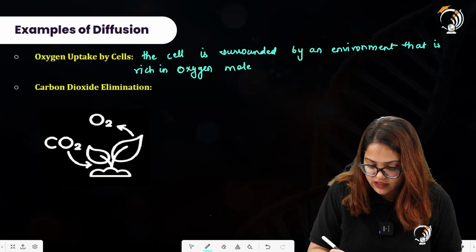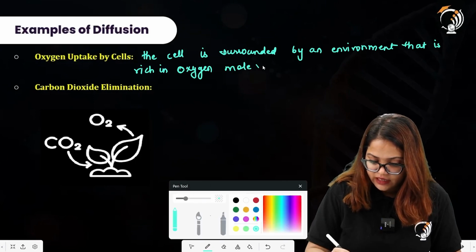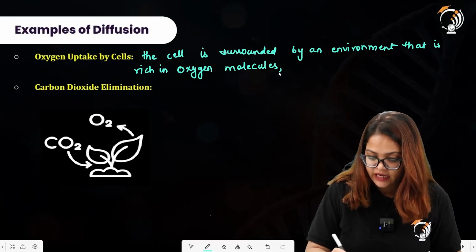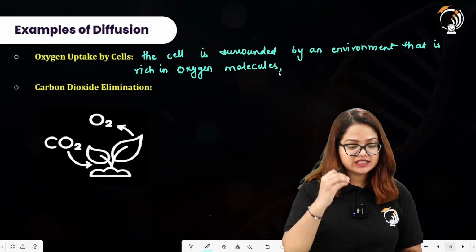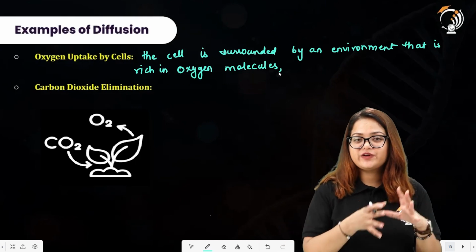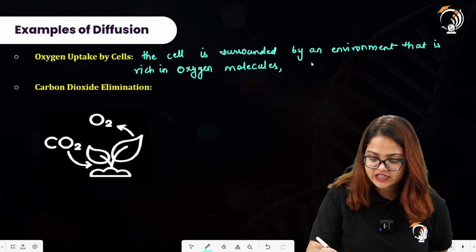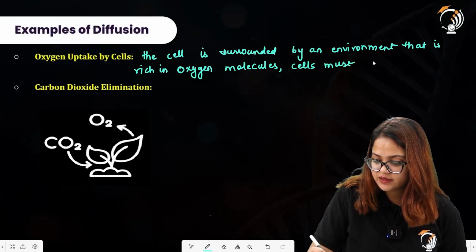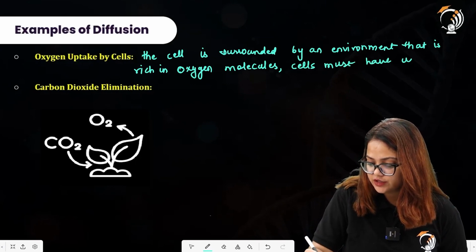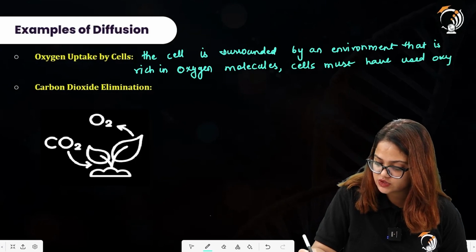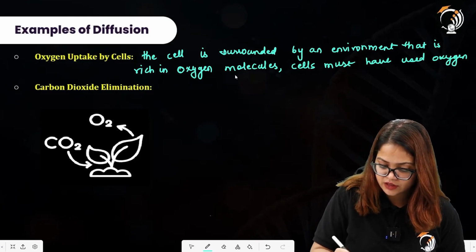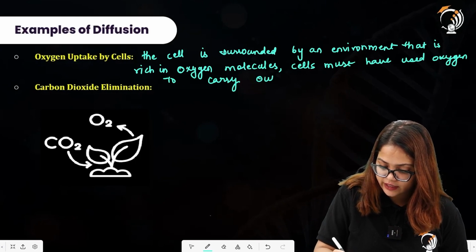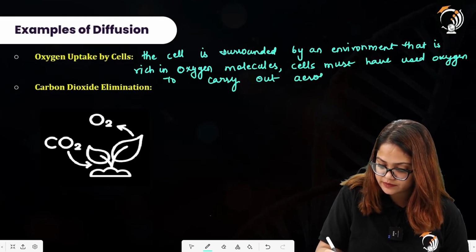And talking about the inside of the cell, the cells must have been using these oxygen molecules to carry out the process of respiration. So cells must have used oxygen to carry out aerobic respiration.